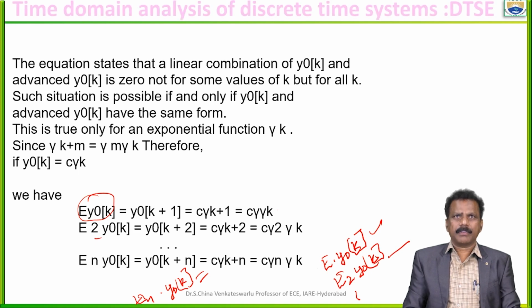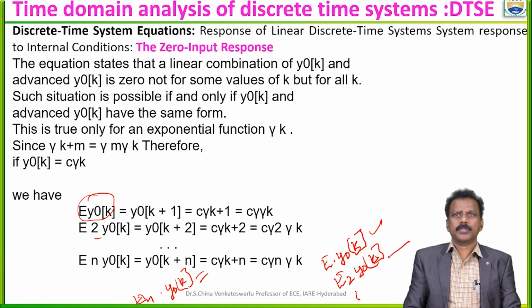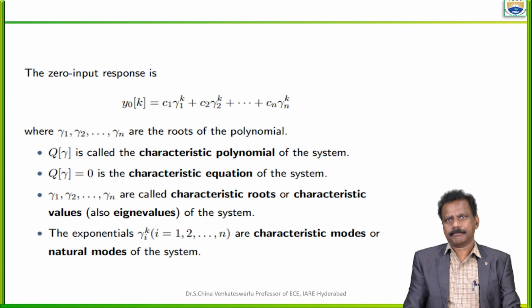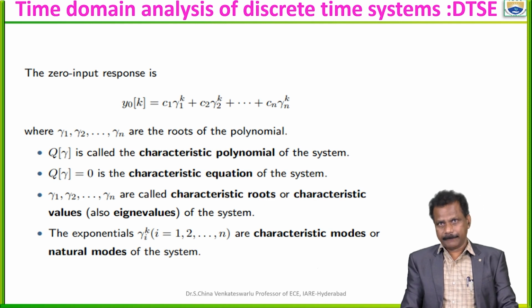So like this, we try to verify the time domain analysis of discrete time system with the zero input response. The zero input response is considered in different mathematical equations, and how it varies in time domain with reference to discrete time system, and the characteristic polynomial of the system will appear.